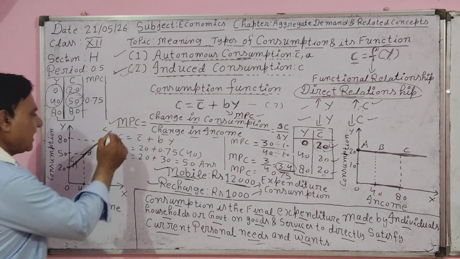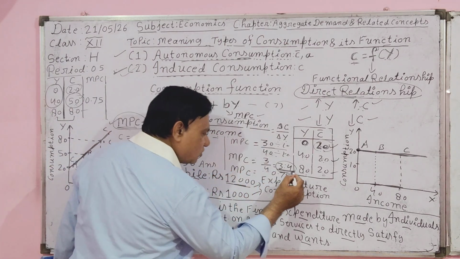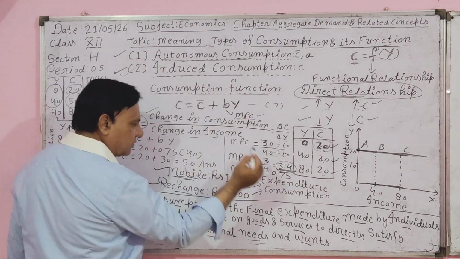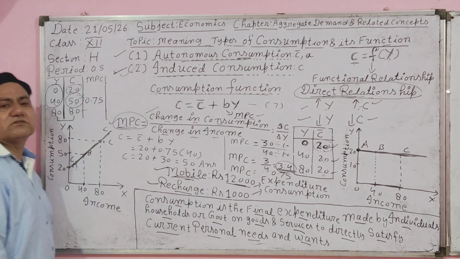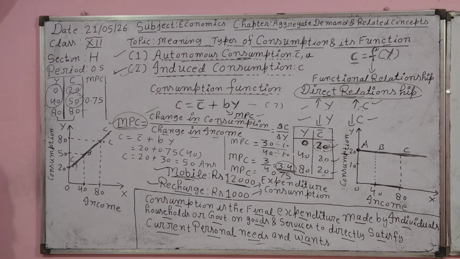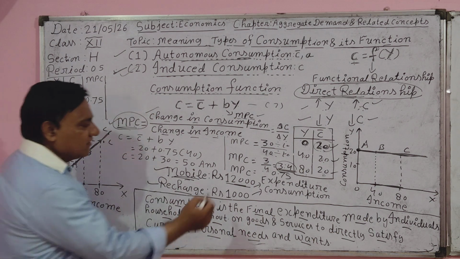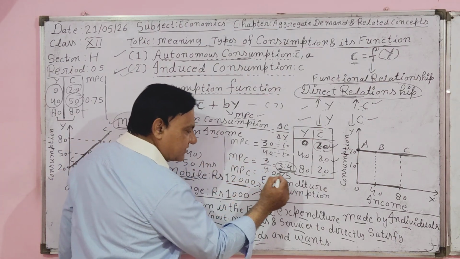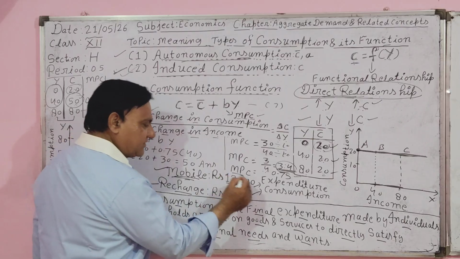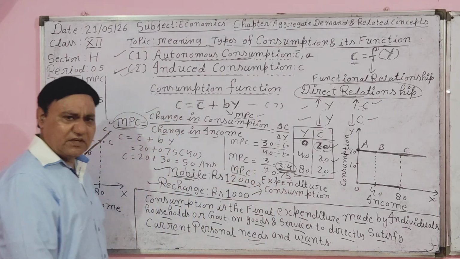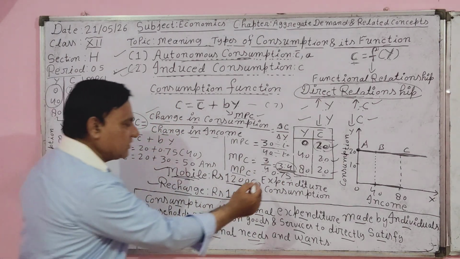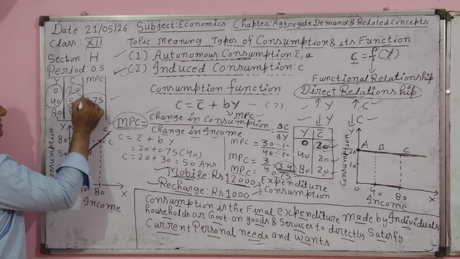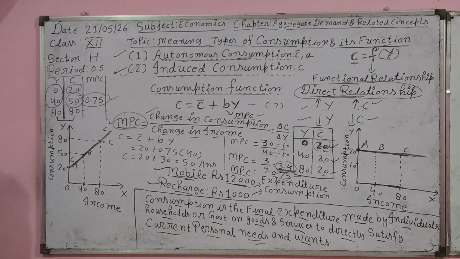In this way, MPC is the ratio of change in consumption and change in income, that is 3:4. When we divide 3 by 4, we will get 0.75. So MPC is 0.75 in decimal. At this level of income, MPC is 0.75.